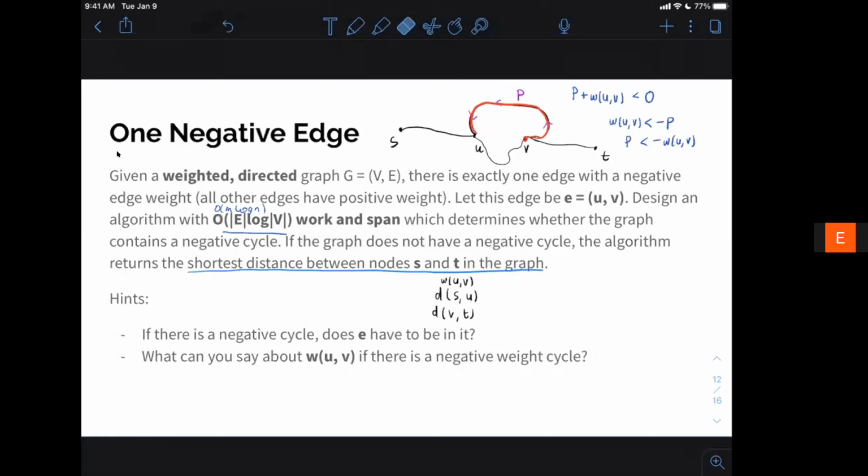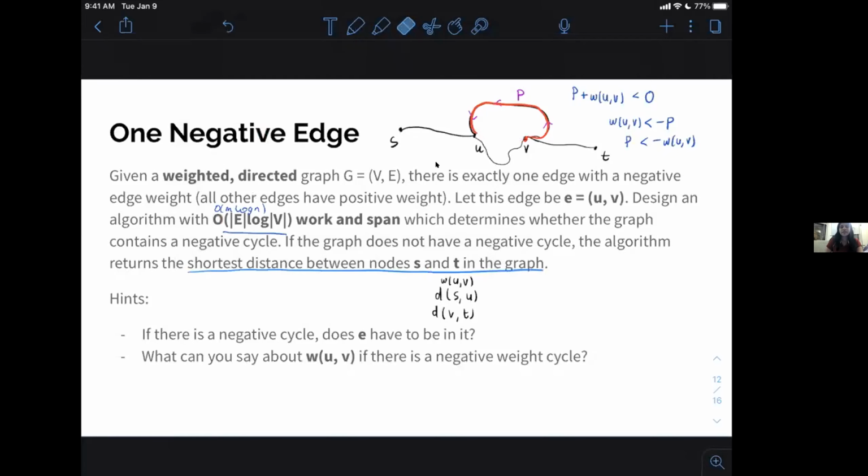And then after that, you would use Dijkstra's to find the shortest path from S to U and then from V to T, and then add the weight of U to V. So then you bridge the gap. And if that's shorter than our previous path, then that is the shortest path. Otherwise, it's not. Yeah, that's exactly right.